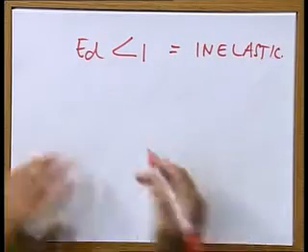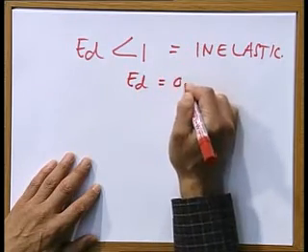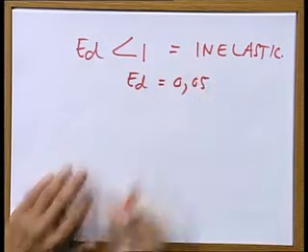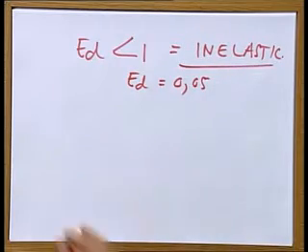Okay? So for a practical example, if you calculate the price elasticity of demand and you calculate it is 0.05, that is smaller than 1, then the demand for that product is inelastic. For example, products that will fall in this category are cigarettes, alcohol, newspapers, basic foodstuff, electricity, which you cannot live without, or which is habit forming, you are addicted to that.